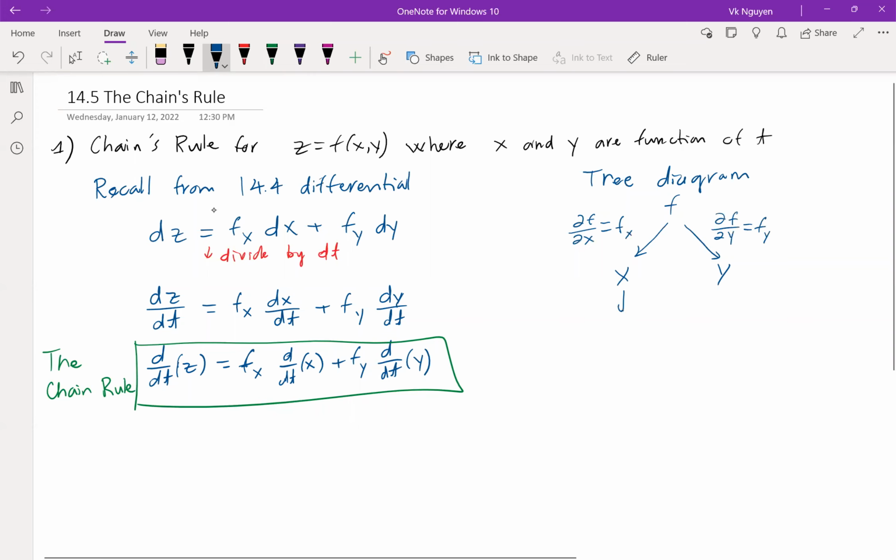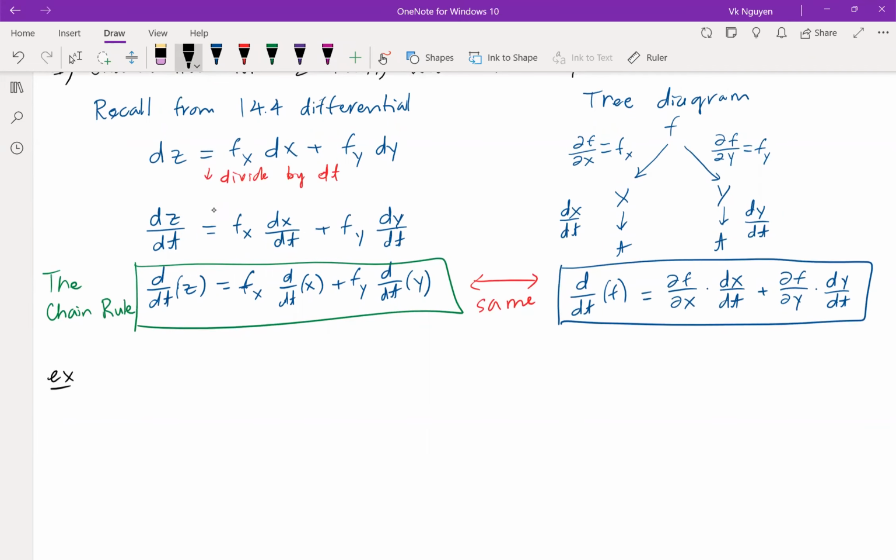Then x is a function of t, y is a function of t. So when x and y are functions of one variable, the derivative is going to be dx over dt, dy over dt, and then you get the same thing too.